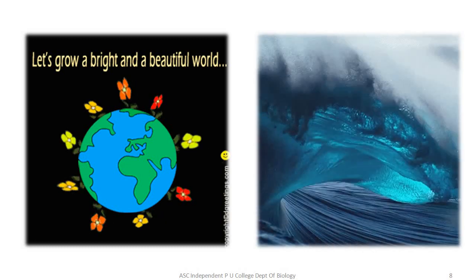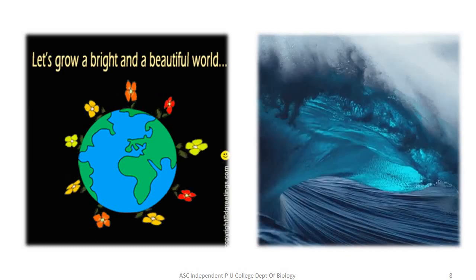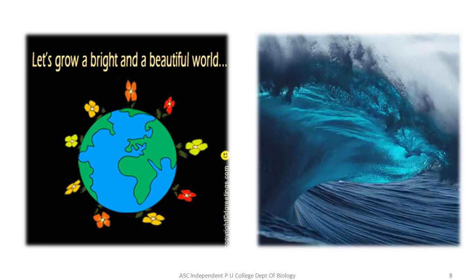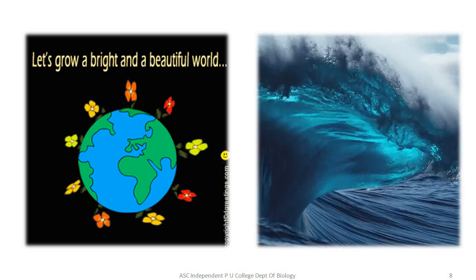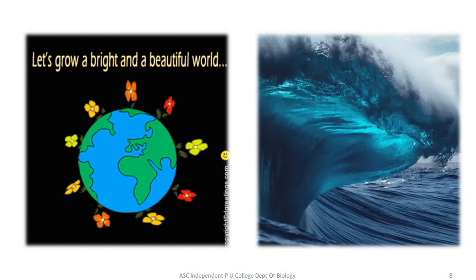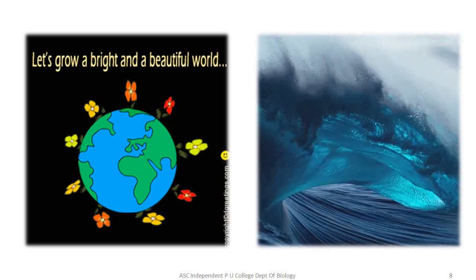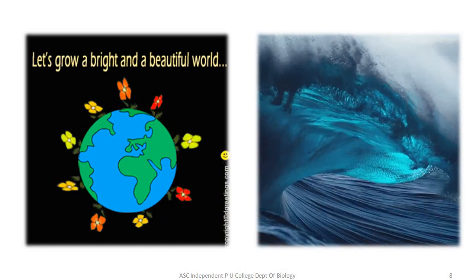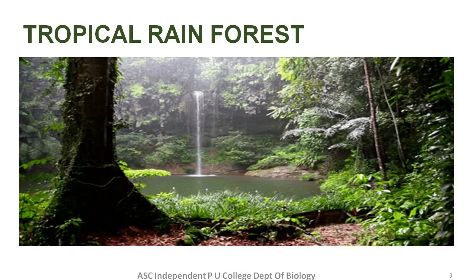The productivity of the ocean is found to be 55 billion tons. So for the overall biosphere, it is 170 billion tons, and the productivity in the ocean alone is around 55 billion. Per unit area, maximum productivity is found in the tropical rainforest.